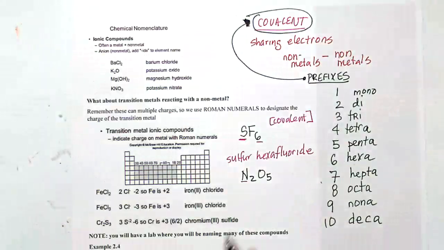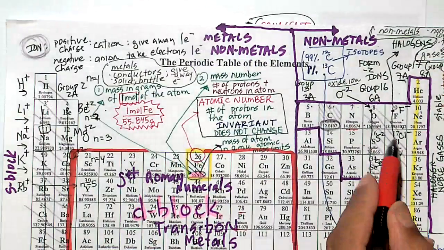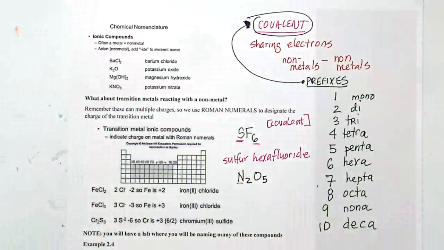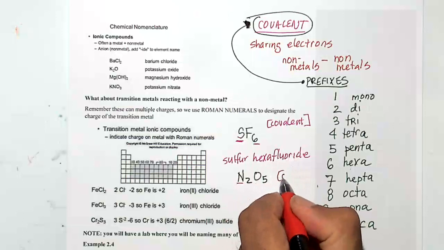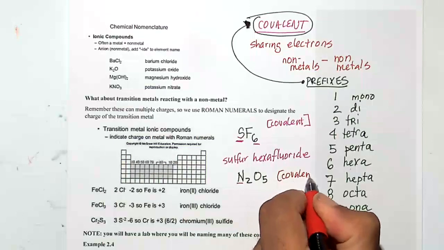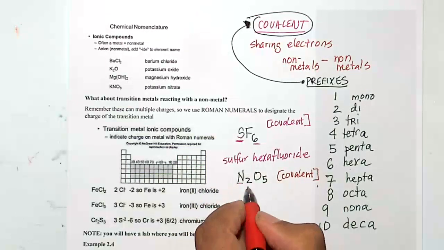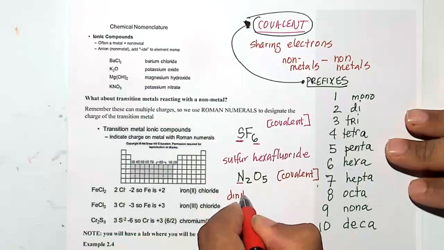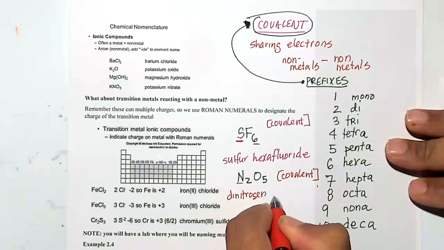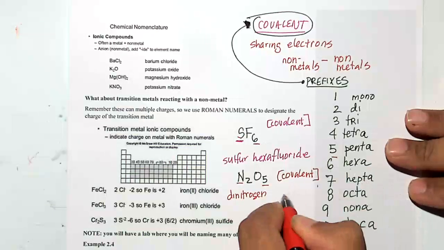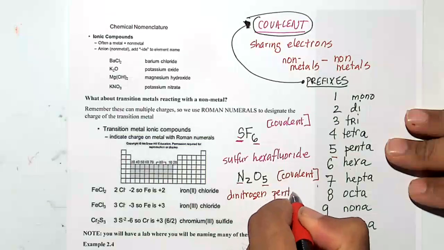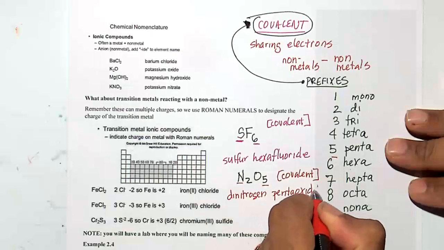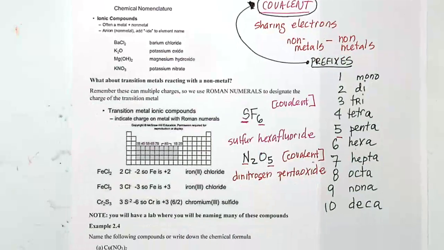We have nitrogen, and we have oxygen. Oxygen is also a nonmetal, so it's covalent. What would this be? What's two? So it's going to be dinitrogen. Five is pentaoxide. Dinitrogen pentaoxide.